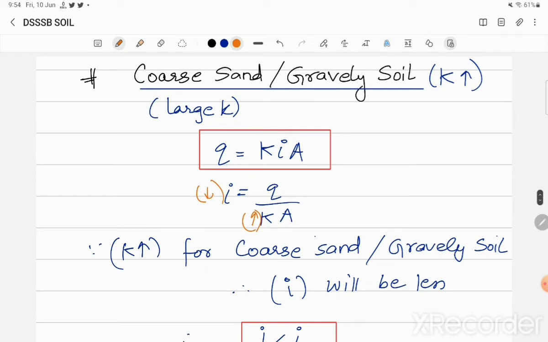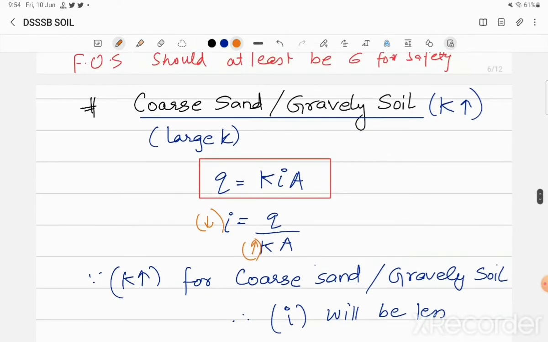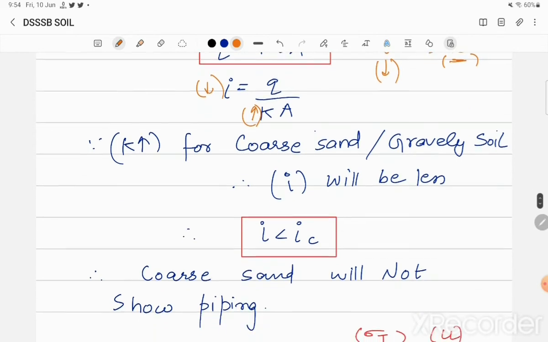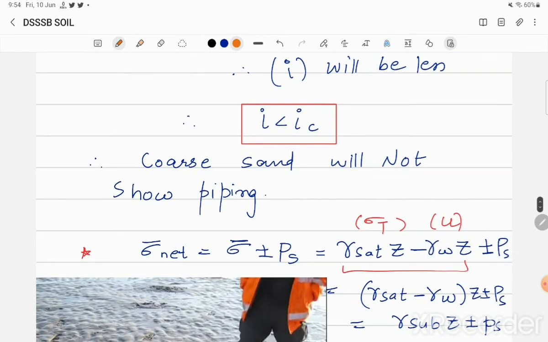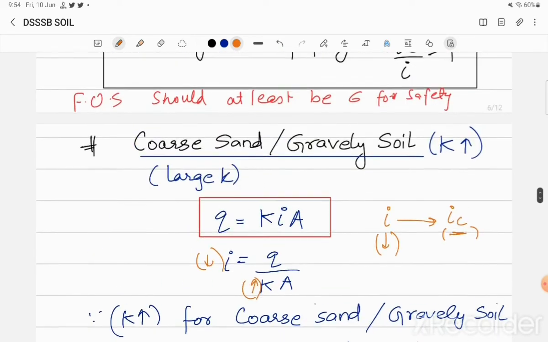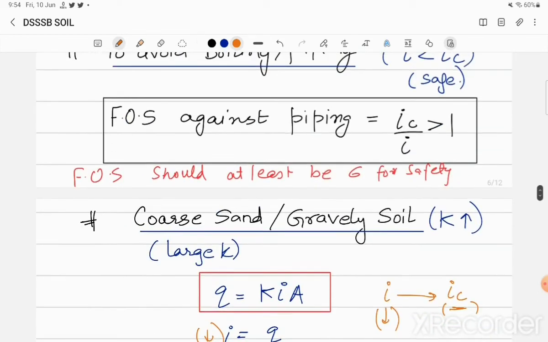That is, the hydraulic gradient is decreased considerably in case of coarse sand or gravelly soil. So the question of i reaching Ic, that is critical hydraulic gradient, in case of coarse sand is not likely, not possible, since large k makes i extremely small for it to reach the level of Ic. Hence coarse sand or gravelly soil will not show piping or boiling or quicksand condition.